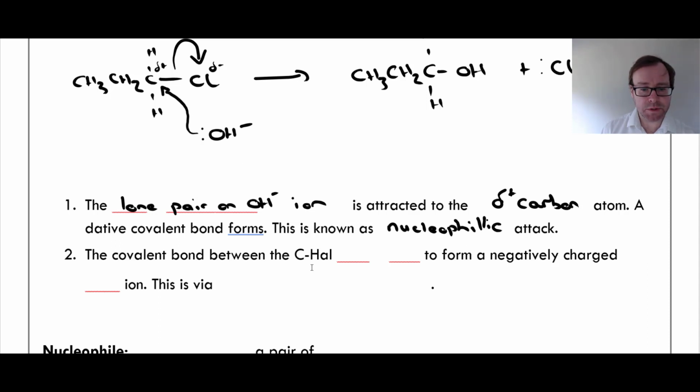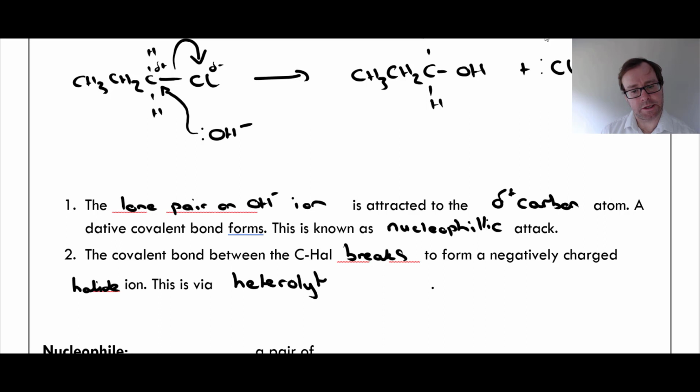The covalent bond between the C halogen breaks to form a negatively charged halide ion, as we've shown up here. This is via heterolytic fission, because both electrons from the covalent bond go onto one atom, and we form this negative ion here.